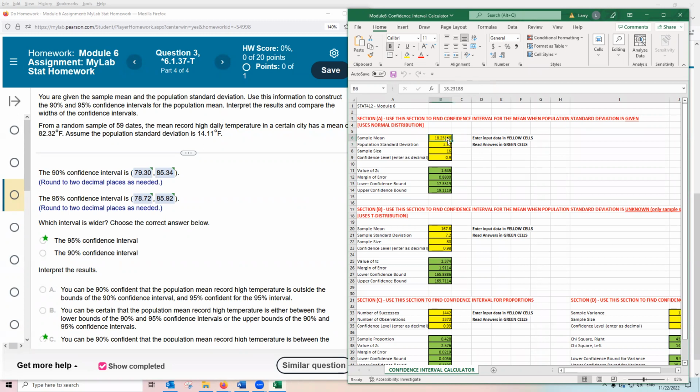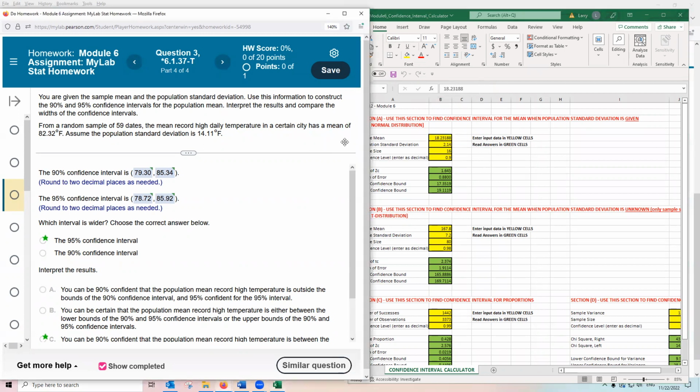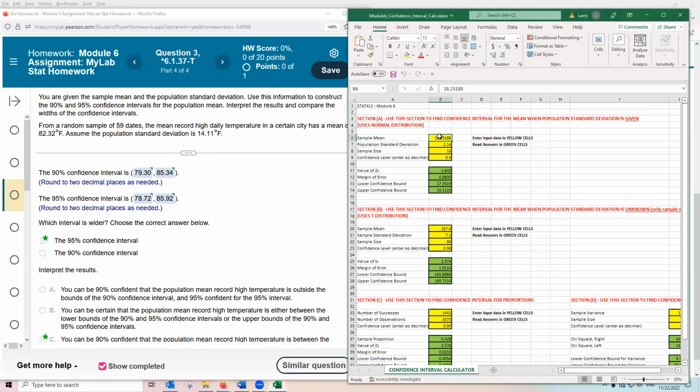Let's do this problem. I'm going to section A. The sample mean is given as 82.32. The population standard deviation was given to us as 14.11. The sample size was given to us as 59. And let's do 0.9. So this confidence level box says enter as a decimal.